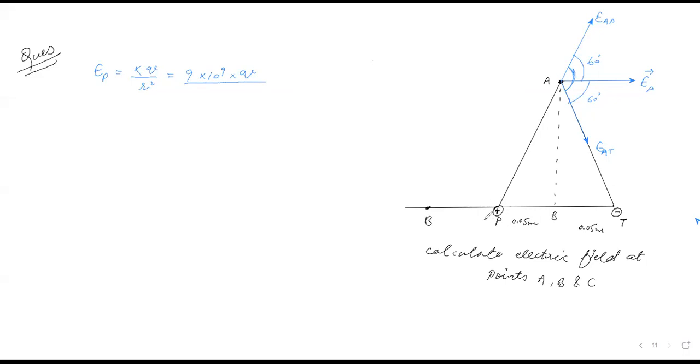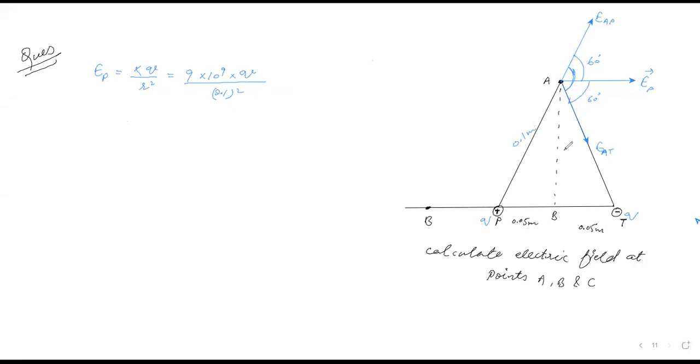All of the charges are Q. This R is given as 0.1 meter, so you can write 0.1 square. This will be the value of E at P.